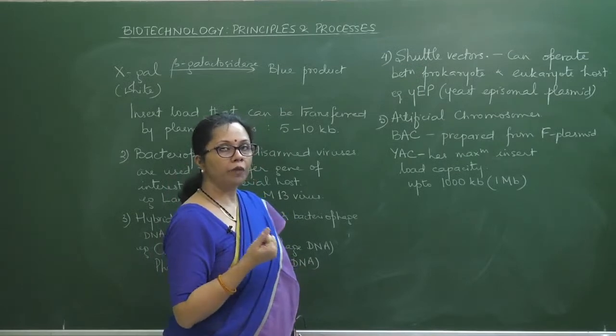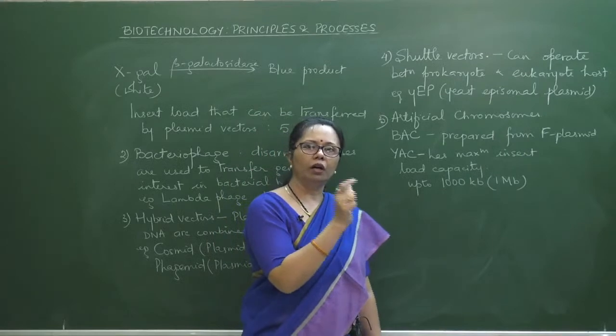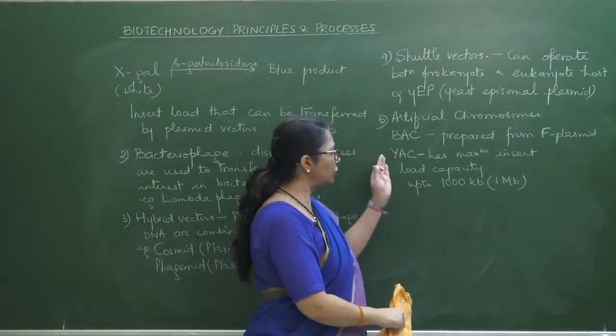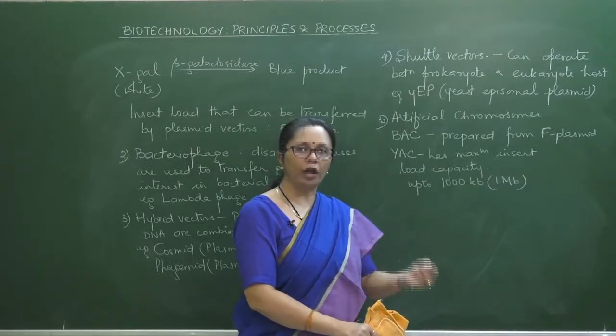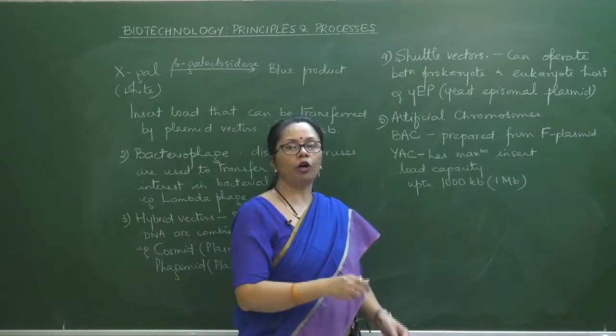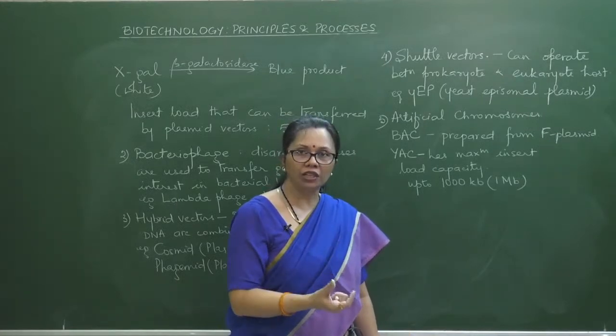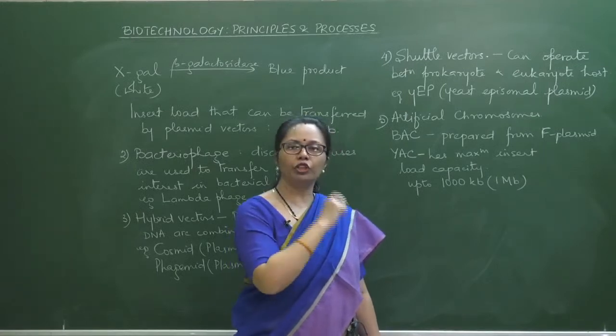But all these we were seeing only for unicellular organisms. Here of course, with yeast we have moved on to eukaryote, but that too as a unicellular. If we want to use a vector for a plant cell or for an animal cell, I'll mention that with the host itself.